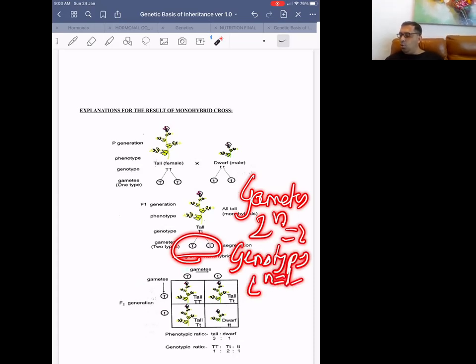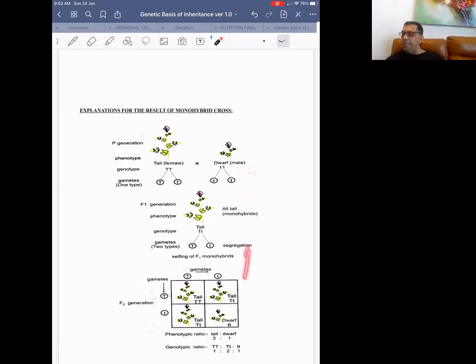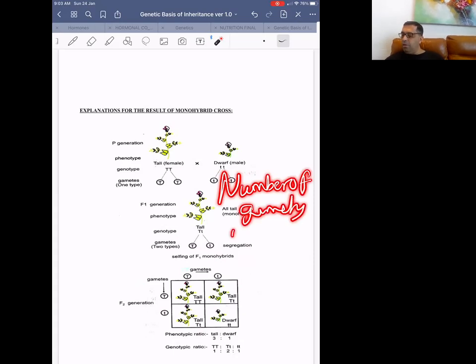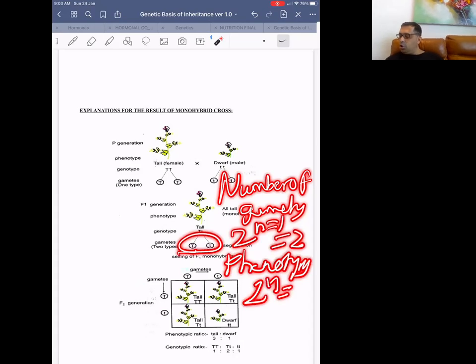It is a monohybrid, so that is 2, meaning 2 types of gametes. Number of phenotypes is 2 raised to n, where n is 1, which equals 2: two phenotypes, tall and dwarf.